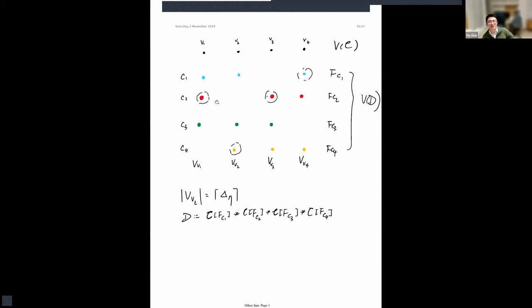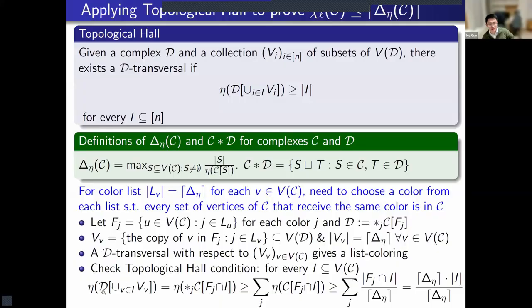So what we need to show is that this complex D satisfies the topological Hall theorem. That is what we want to prove here. So we need to show that the connectivity of the union of any index set is at least the size of the index set.